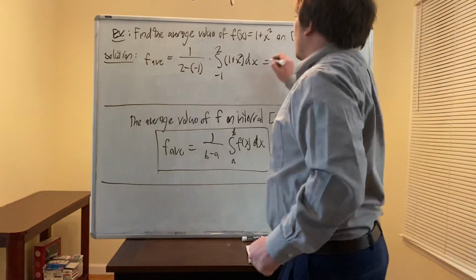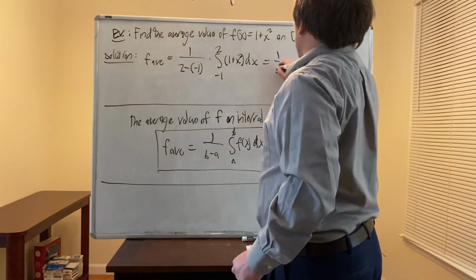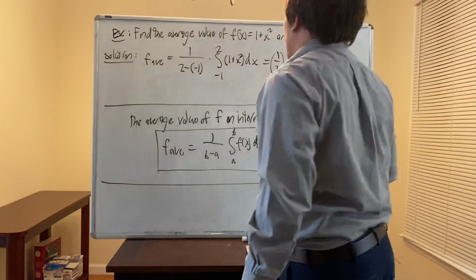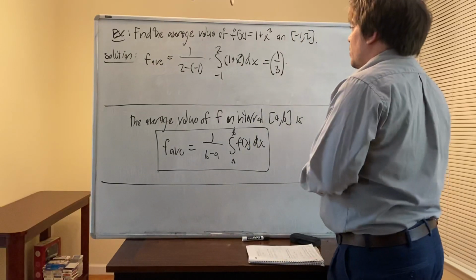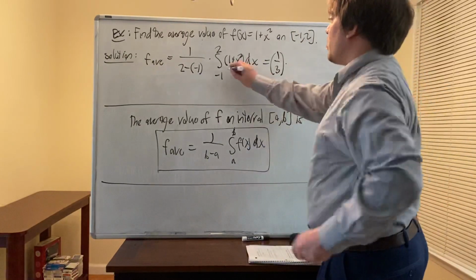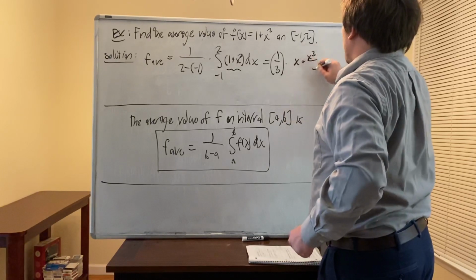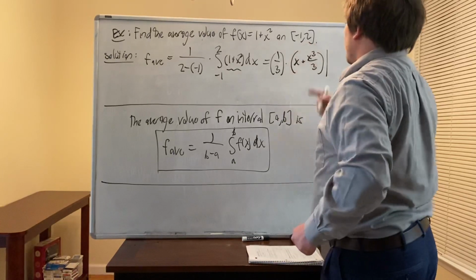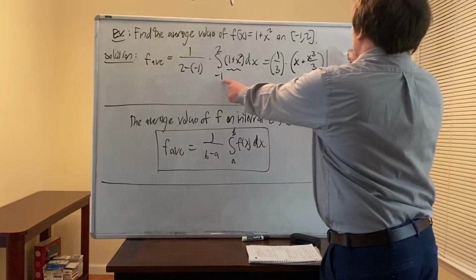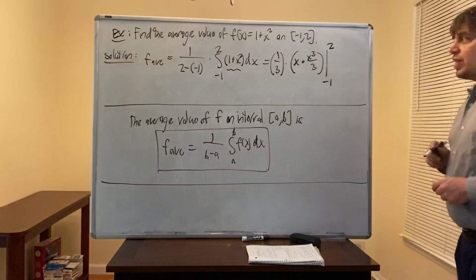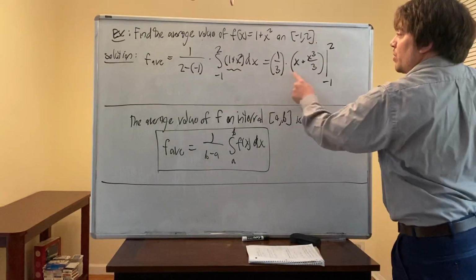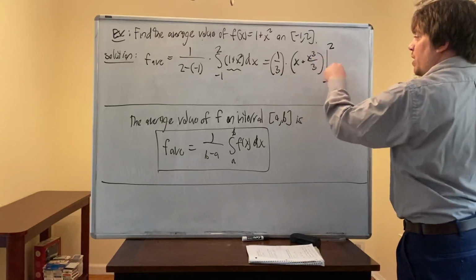And so this is equal to 1 over 2 minus -1, which is 1/3, times that definite integral. To evaluate this definite integral, you just take an antiderivative of 1 plus x squared, which is x plus x cubed over 3. Then you evaluate that antiderivative from the lower limit to the upper limit. So this is equal to 1/3 times x plus x cubed over 3 evaluated from -1 to 2.